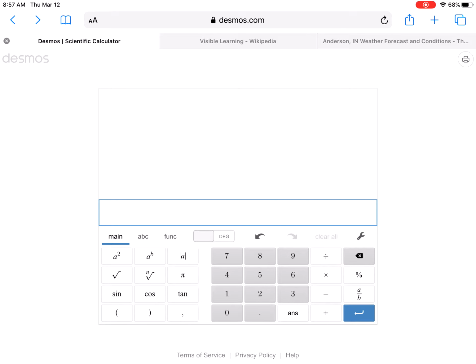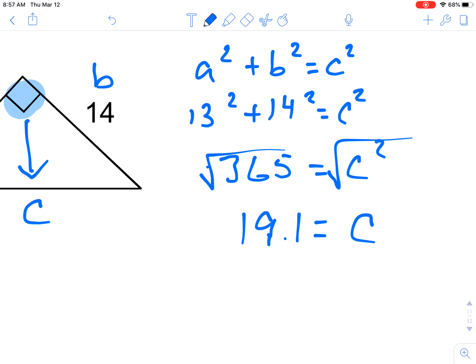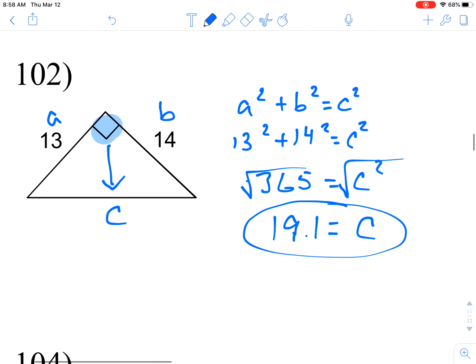Notice how with 19.1, C is always the largest side. So if for some reason you're working this out and you get an answer that is less than A or B, then you've made a mistake somewhere.